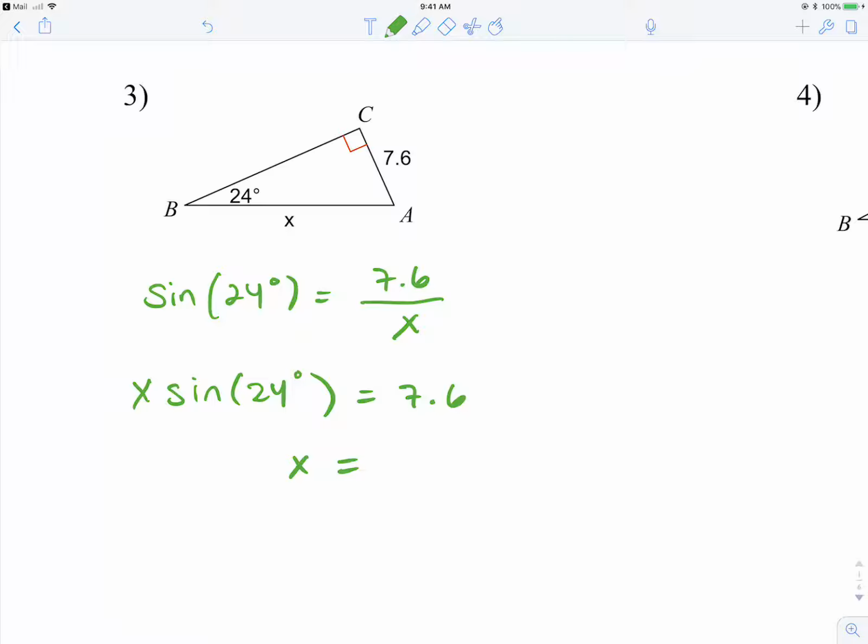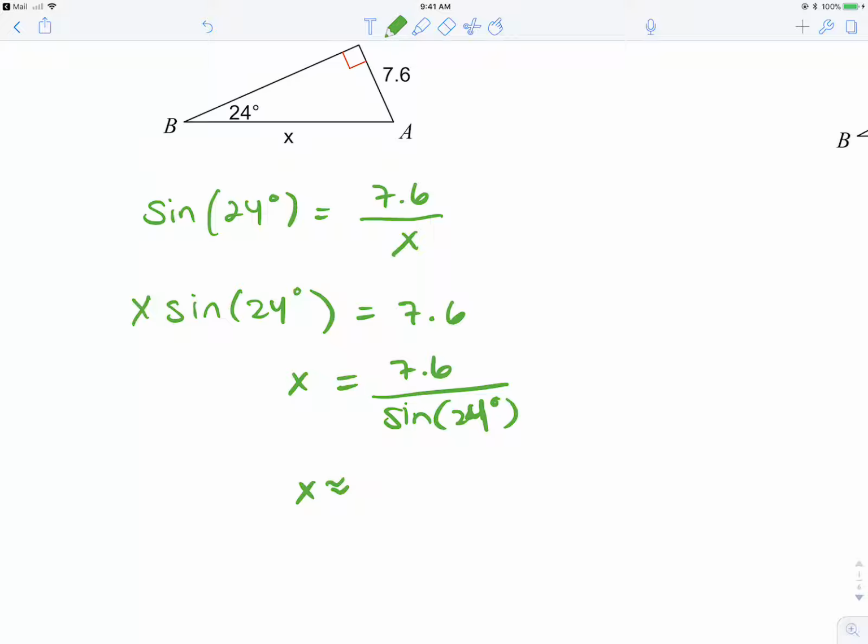So x is equal to 7.6 over sine of 24 degrees. And then after popping that into my calculator, I get x is approximately 18.6853.